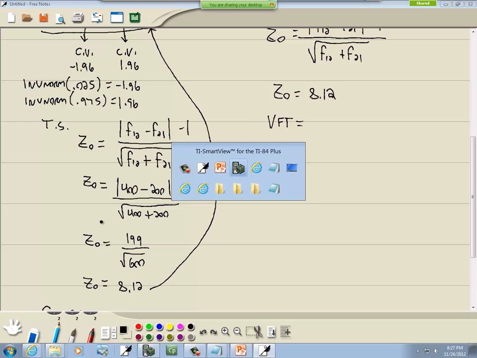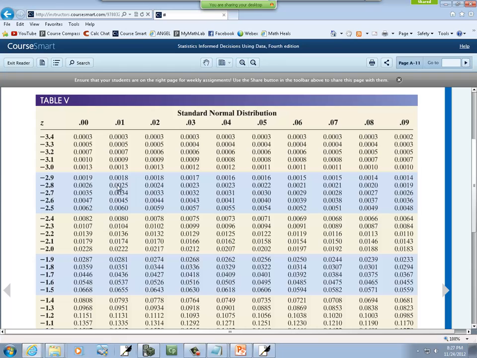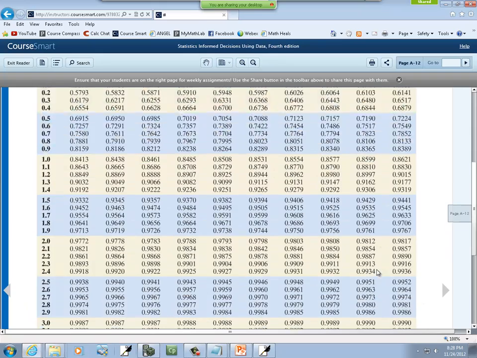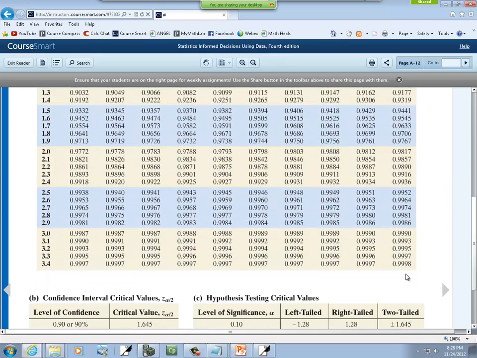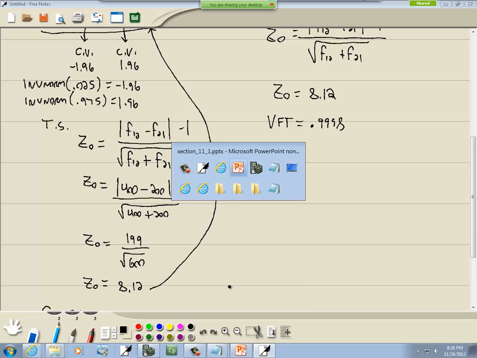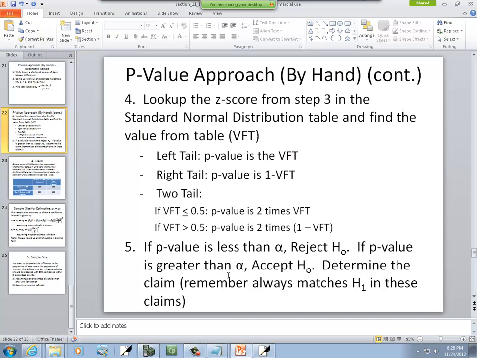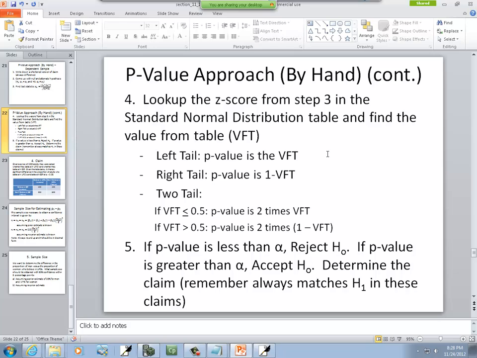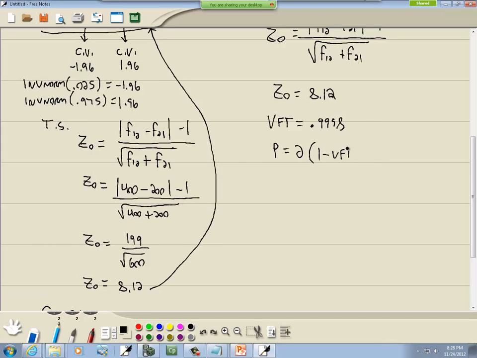Well, this one's not going to work out very pretty because 8.12 is definitely not on here. 3.49 is my highest one, which would be 0.9998. Okay. So then it says if we're dealing with two tails, which we are, if the value from the table is greater than 0.5, which it is, the p-value is 2 times 1 minus the value from the table.